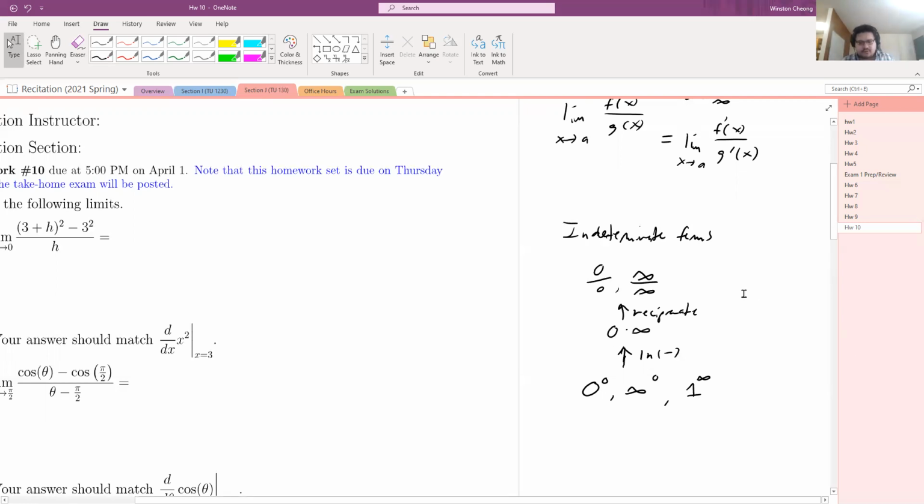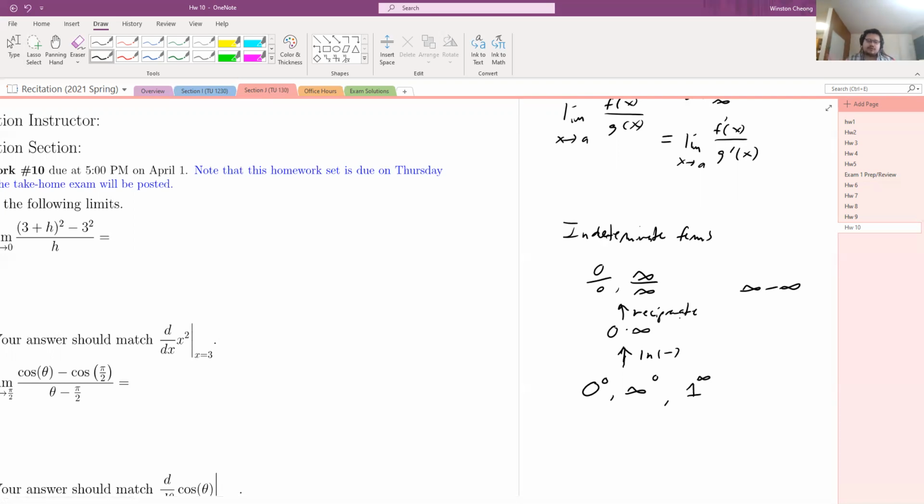Okay, so those are 6 of them, and then the very last one is kind of an outsider. It's infinity minus infinity. Usually infinity minus infinity shows up as a fraction minus a fraction.